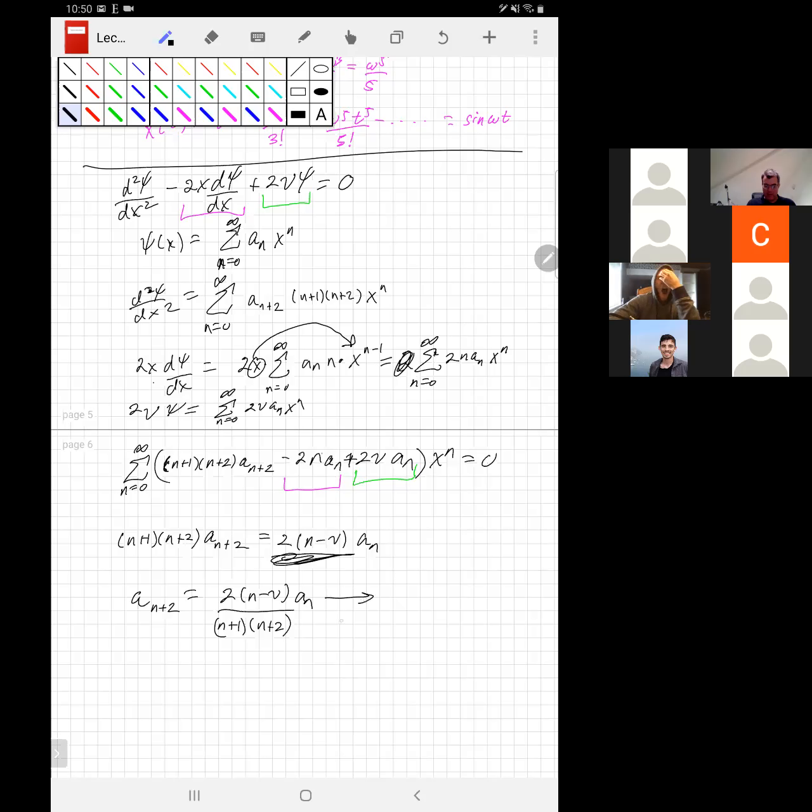But as n goes to infinity, meaning as we get really far out into the later terms of the power series, and we want to get out into the later terms, because that's going to tell us whether or not this thing converges, n minus nu, a giant number minus a small number, is almost the same giant number. And a giant number plus 1 and a giant number plus 2, almost the same thing. So this is going to be roughly 2 over n a sub n. All right?